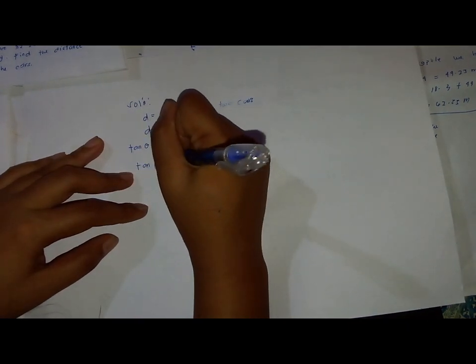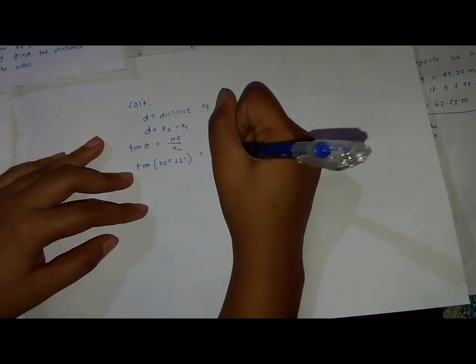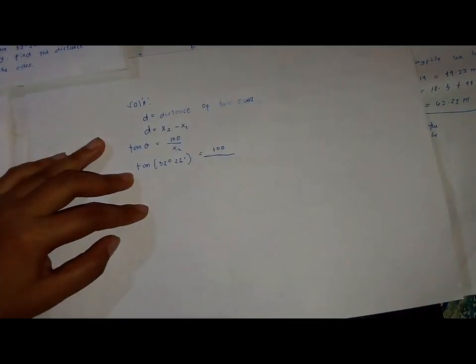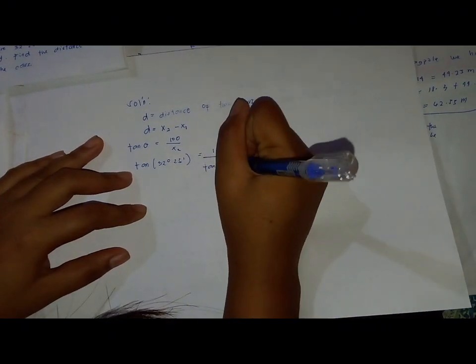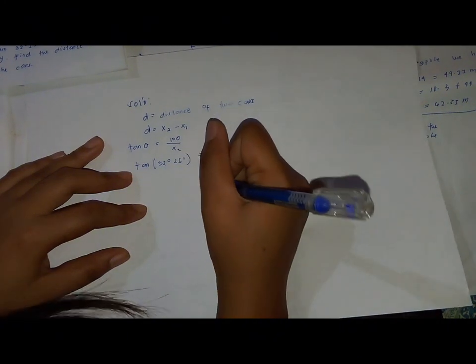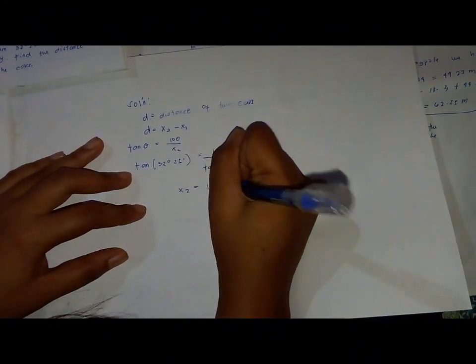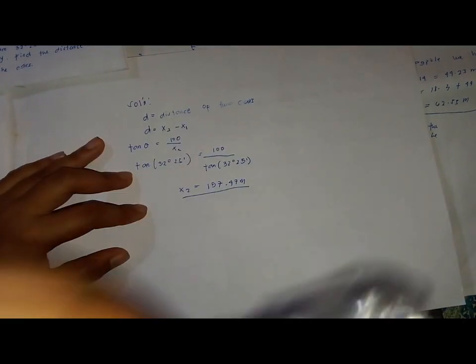Tan 32 degrees and 25 minutes equals 100 over x sub 2, so x sub 2 equals 100 over tan 32 degrees and 25 minutes, which is 157.47 meters.